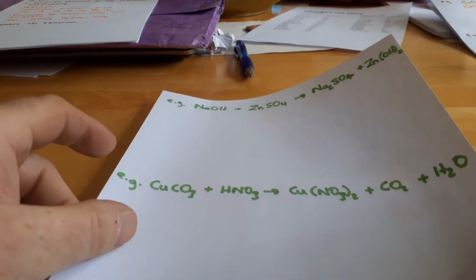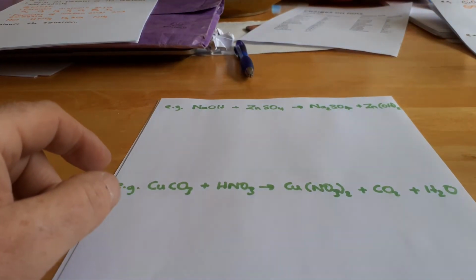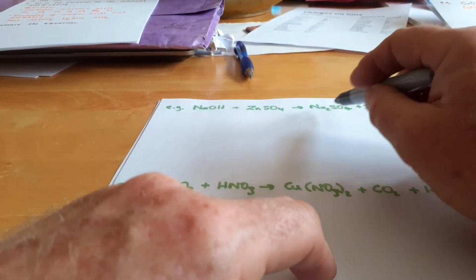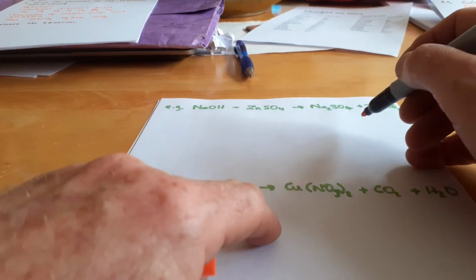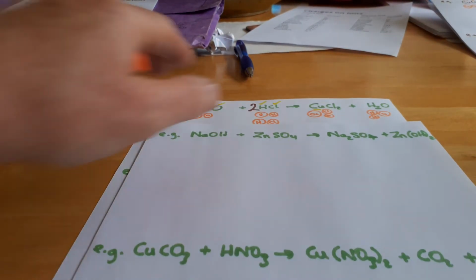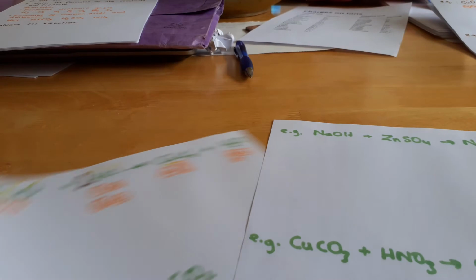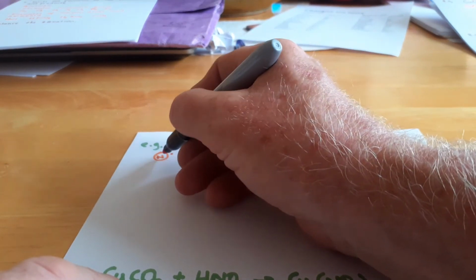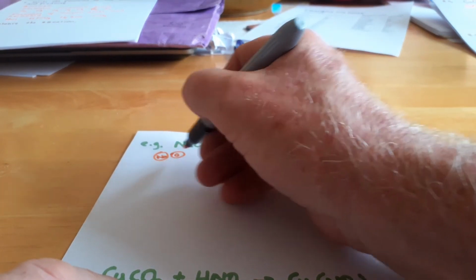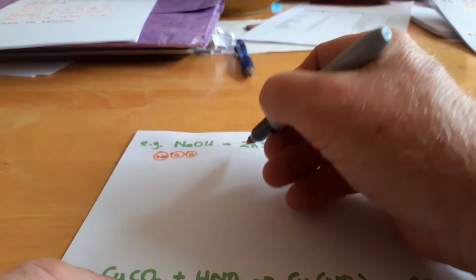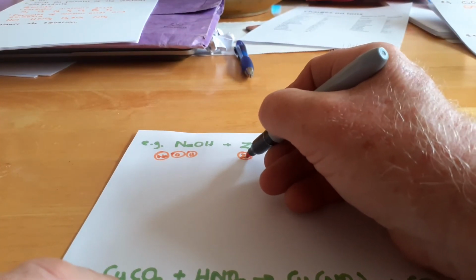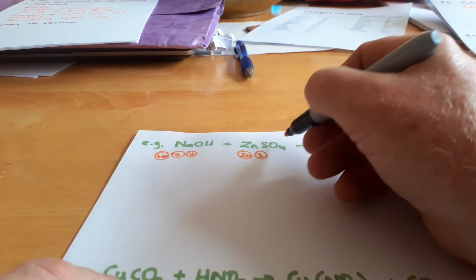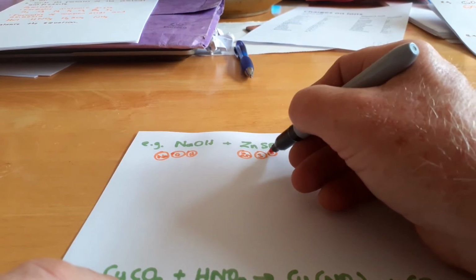Now, next one. Sodium hydroxide reacting with zinc sulfate to form sodium sulfate and zinc hydroxide. So sodium, Na, oxygen, hydrogen. Zinc sulfate, we've got zinc, S for sulfur, and because it's O4, it's 4 oxygens.